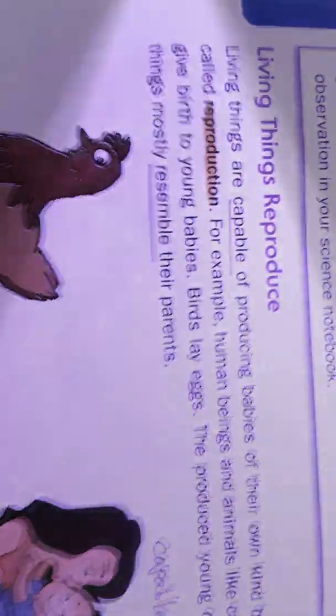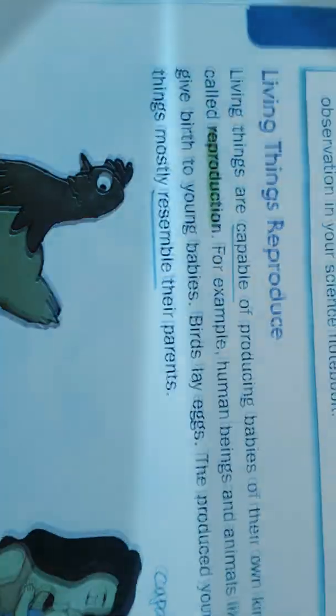What is the meaning of resemble? Resemble means to seem like or look like. So, after reproduction, the baby birds look like their parents. And here I want to ask one question. How can plants reproduce?